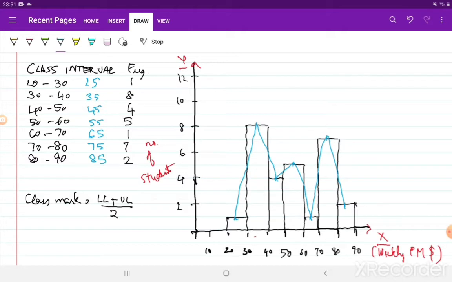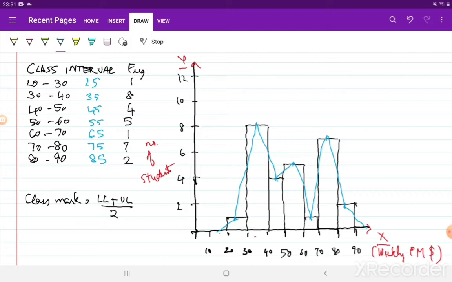Now, although it is left to the user of the data to represent the frequency polygon in any way he or she likes, generally most statisticians prefer to extend the frequency polygon to the next class mark on either side, so that the area under the frequency polygon is totally enclosed.